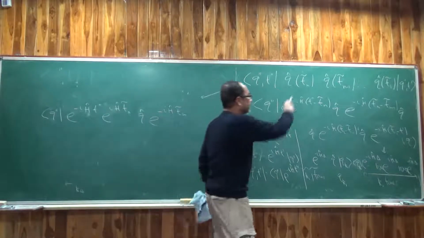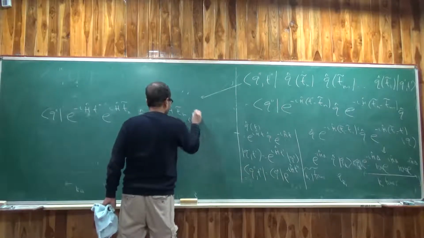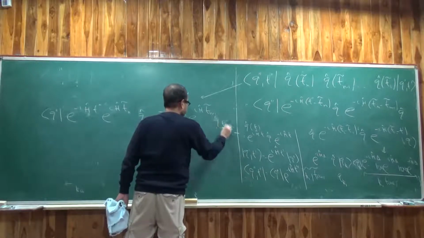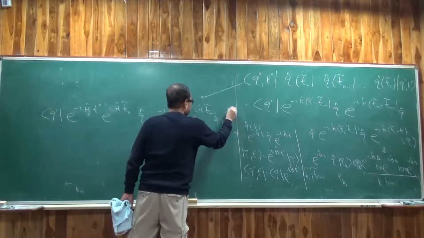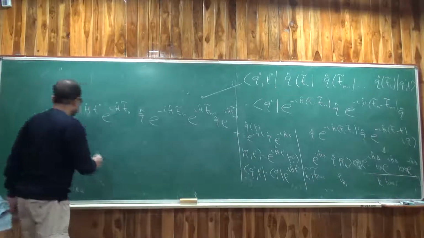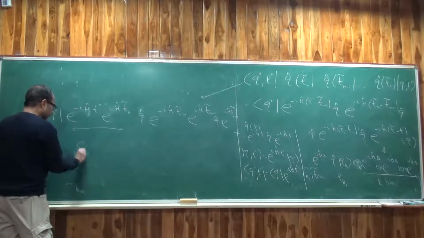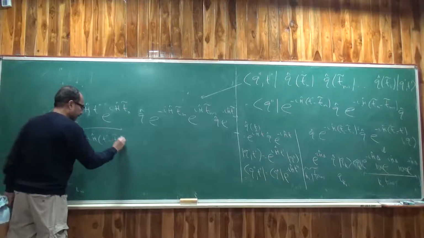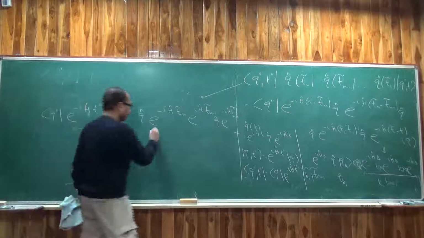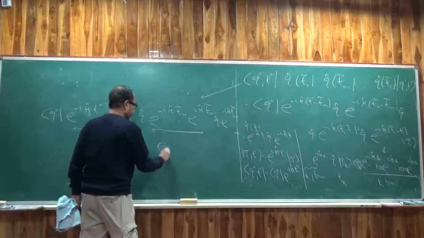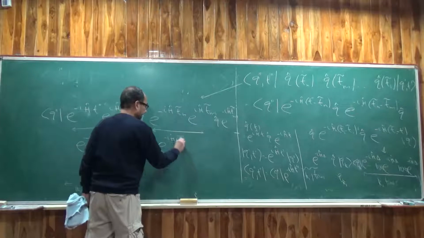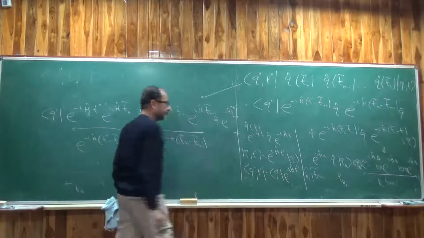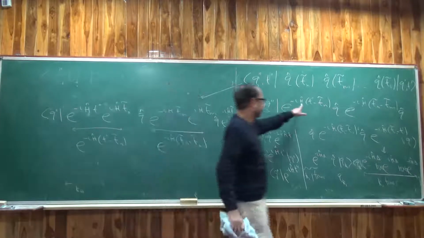The next one, q̂(t̃_{n-1}), is e^{iĤt̃_{n-1}} q̂ e^{-iĤt̃_{n-1}}. So now you see that these two combine to e^{-iĤ(t'' - t̃_n)}. These two combine to e^{-iĤ(t̃_n - t̃_{n-1})}, and so on. That's what we have here.